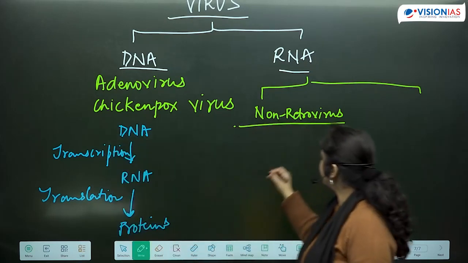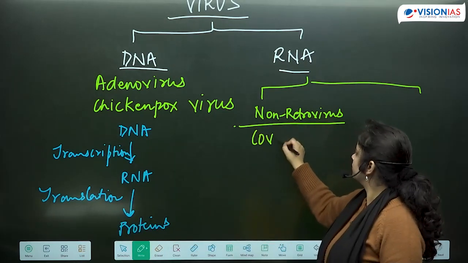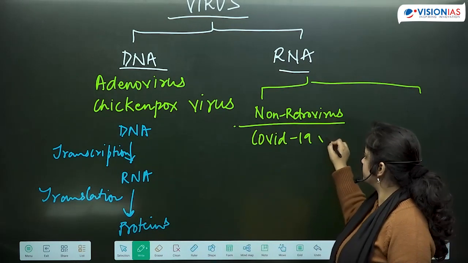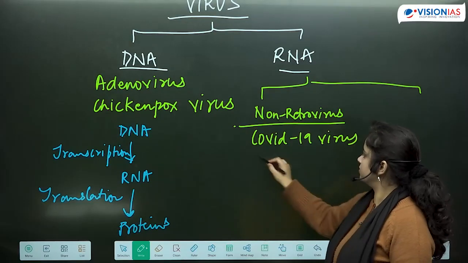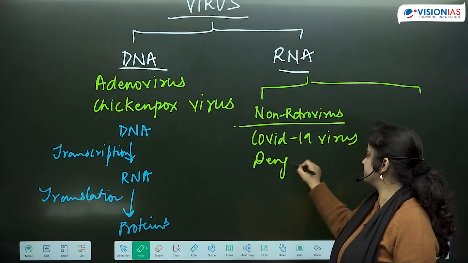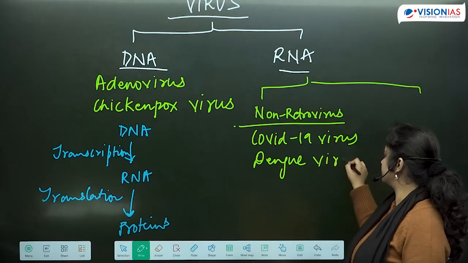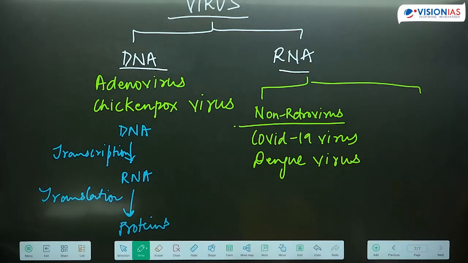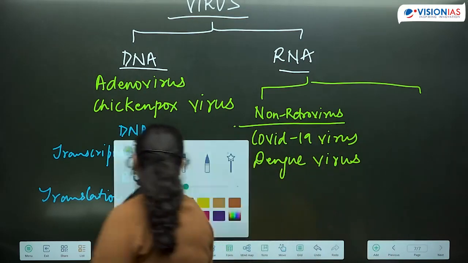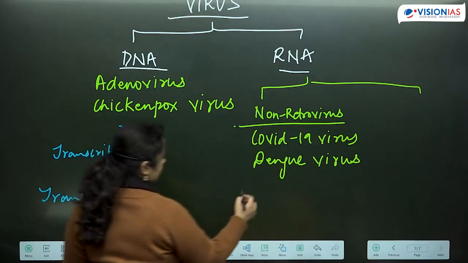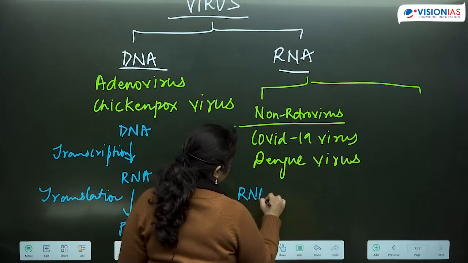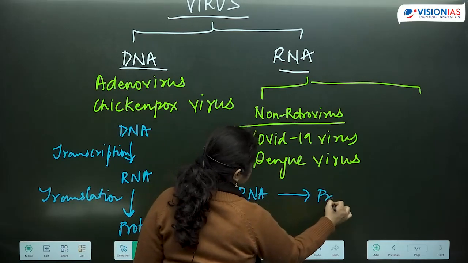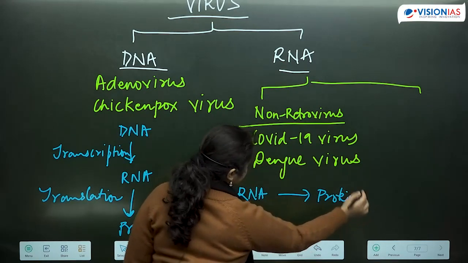Here you have your COVID-19 virus or the dengue virus. We spoke about the dengue virus yesterday. They have RNA as their genetic material and what happens is RNA है तो RNA से सीधा प्रोटीन बन जाएगा. No other step is needed.